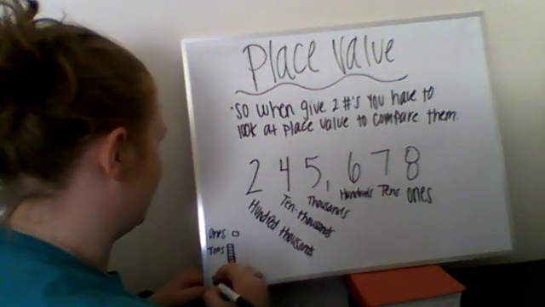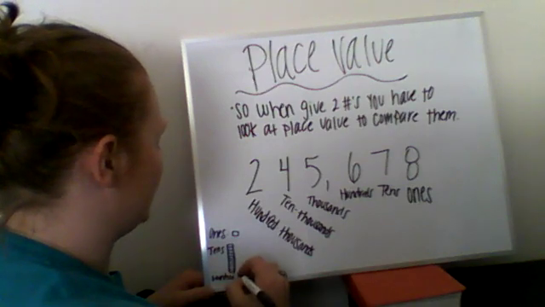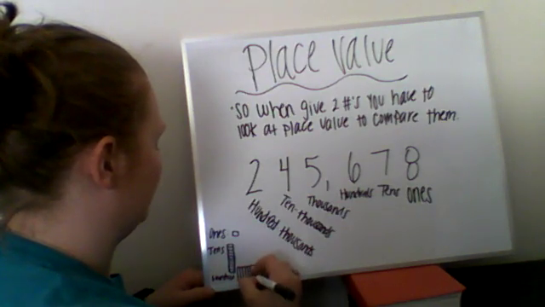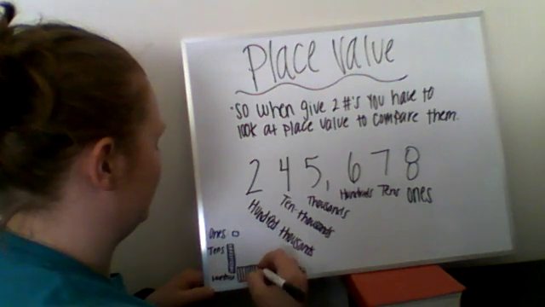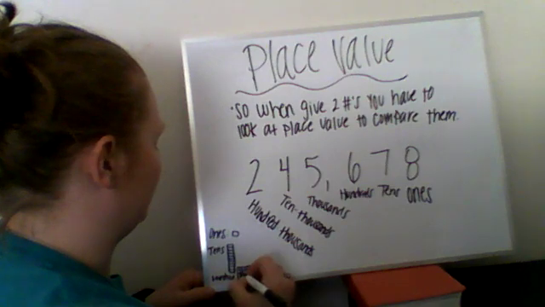Then my hundreds is the square that's cut up into 10 groups, and then it's cut up into 10 groups this way too.